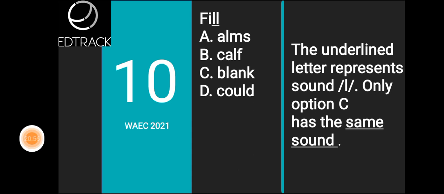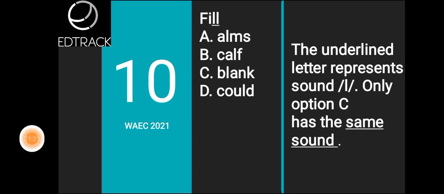Option A and option B are out of it. The letter L you see in those words is a silent letter. It is not pronounced. So the words are pronounced as arms and calf. And this same issue is applicable to the last option, option D, coat.